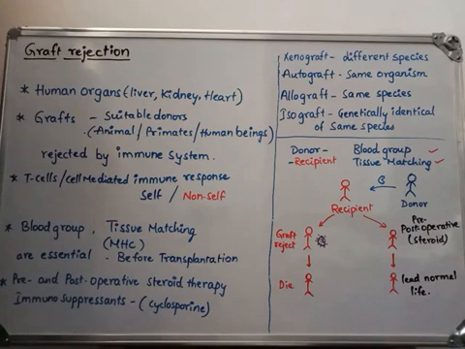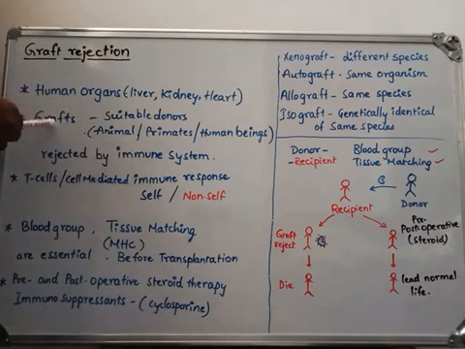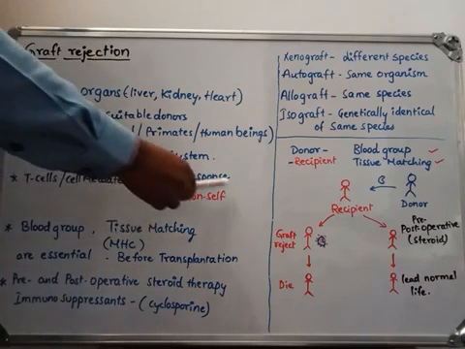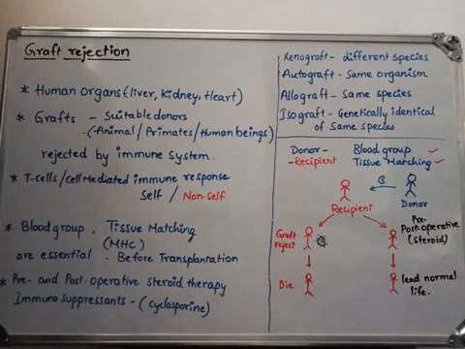What does graft rejection mean? The immune system identifies such a graft as non-self and it is eliminated from the body. Such a reaction we call a graft reaction, which is under the influence of T cells.